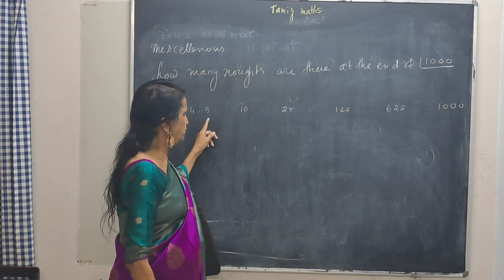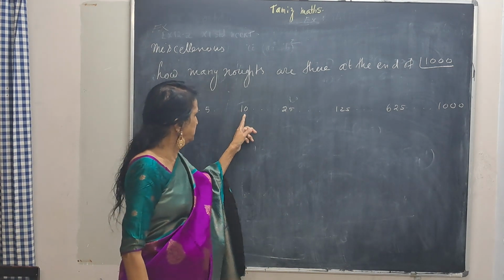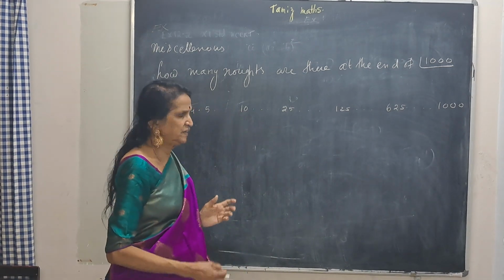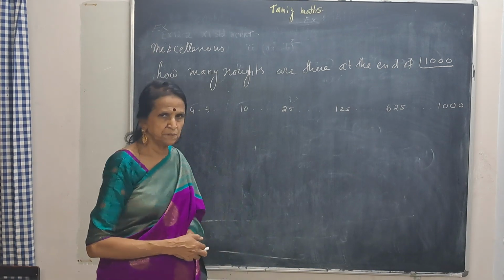So 1, 2, 3, 4, 5, then it goes 10 like that, no? 10, 25 and so on it goes. Fine.